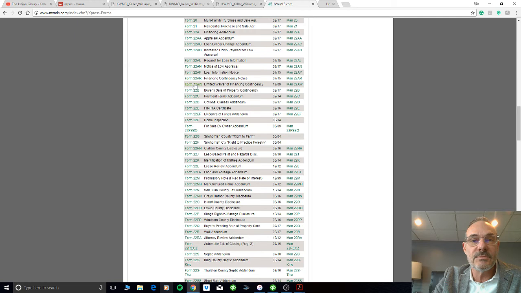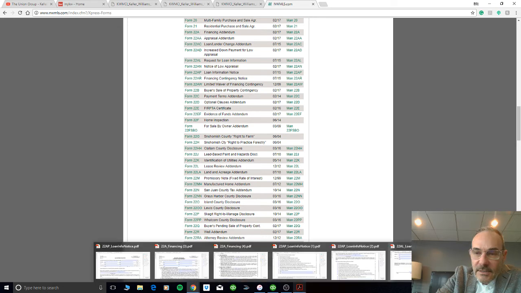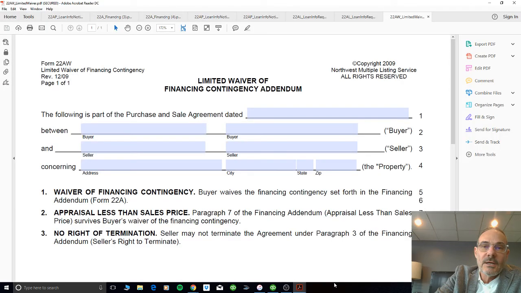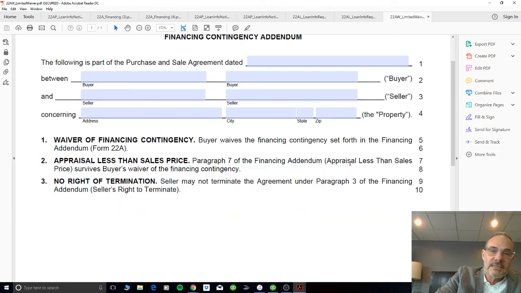Then you would open up 22AW. 22AW is the buyer waives financing contingency, but it's saying you're keeping paragraph 7 in for the appraisal portion, that's not waived, okay? But that it's saying you cannot terminate the agreement on the financing side, okay?